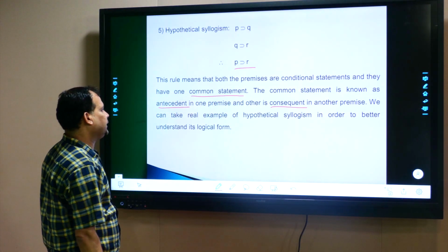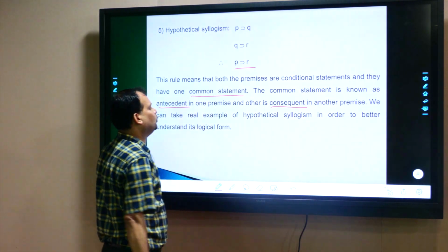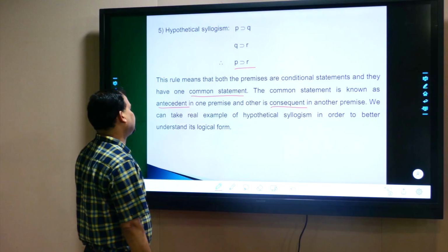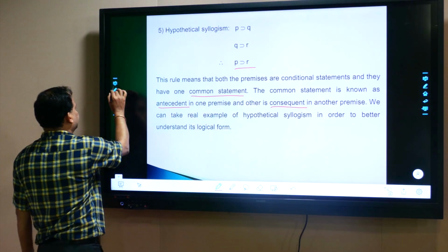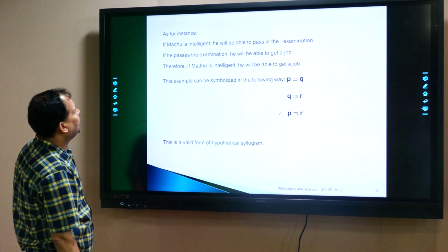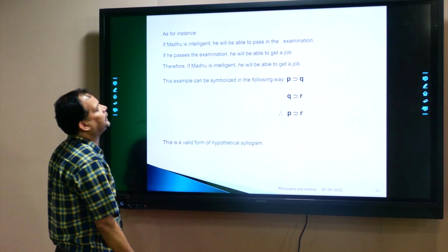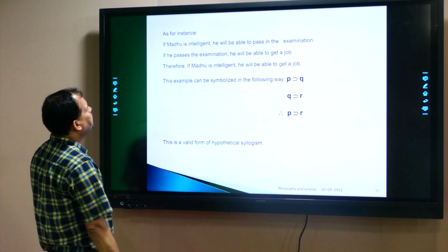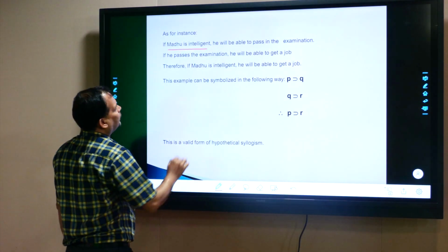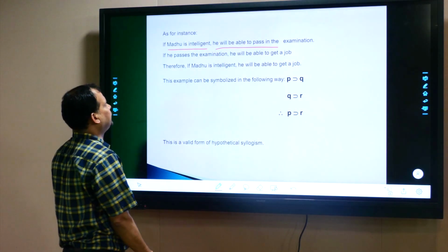We can take a real example of hypothetical syllogism in order to better understand its logical form. If Madhu is intelligent, he will be able to pass the examination.